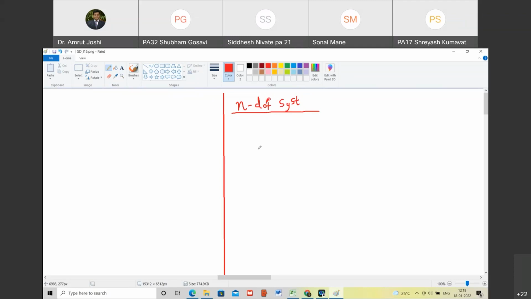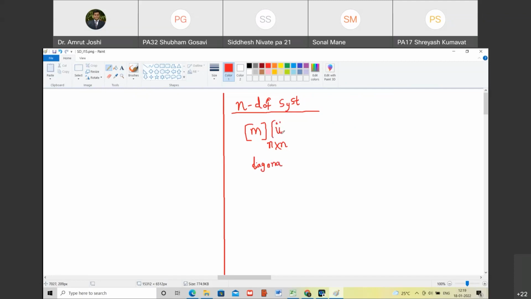Yes, sir. Okay. Now, that equation will be of this form. Mass matrix. What will be the size of the mass matrix? It will be n cross n, and it will be already diagonal. Do you agree with me? Yes, sir. M U double dot.